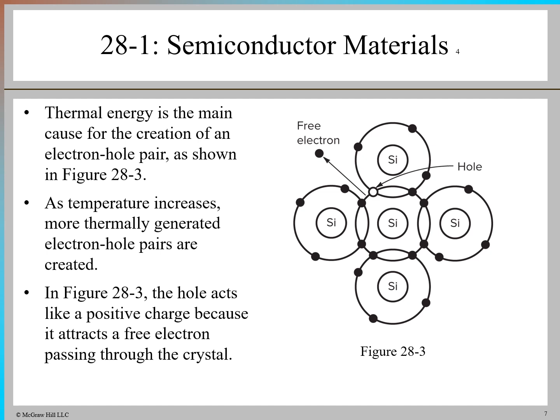Silicon has fewer thermally generated electron-hole pairs than germanium, making it more stable at higher temperatures, which is why silicon is preferred in electronics. Although intrinsic semiconductors like silicon have few thermally generated electron-hole pairs at room temperature, they still act as relatively good insulators.